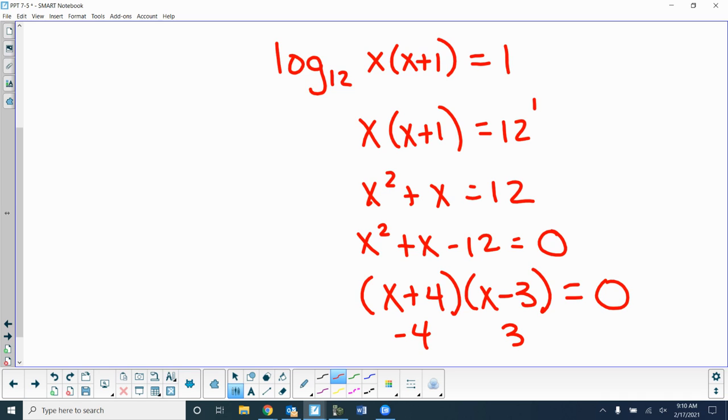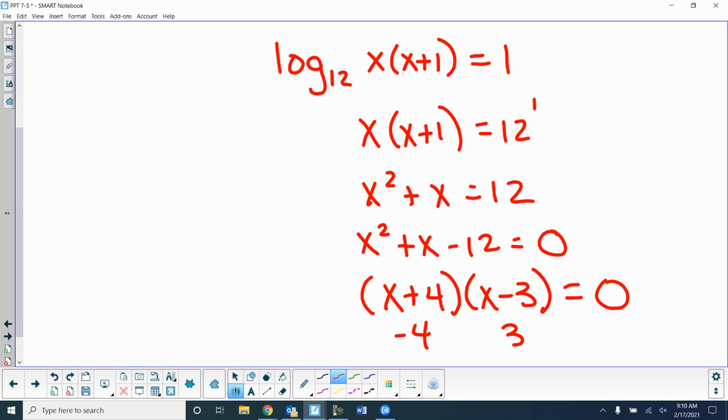Is this anything new for us? No. You can't forget about everything you've learned so far. All right, so let's see if these work. If I put -4 there and -4 here, I get -4 times -3, which is what?